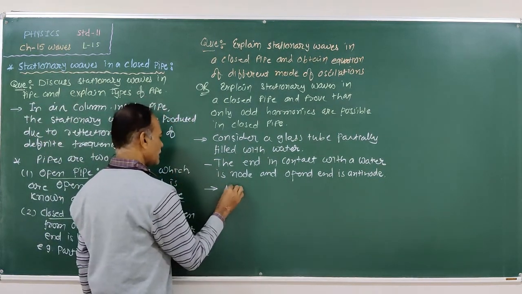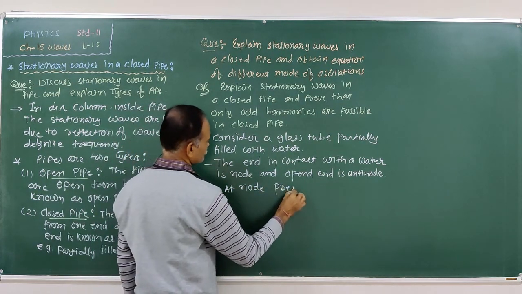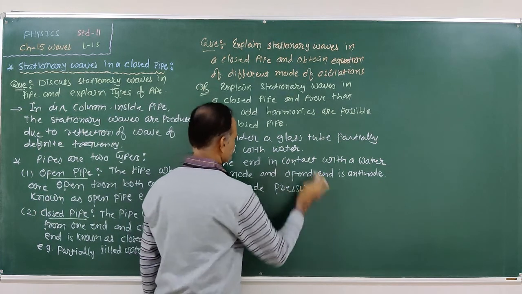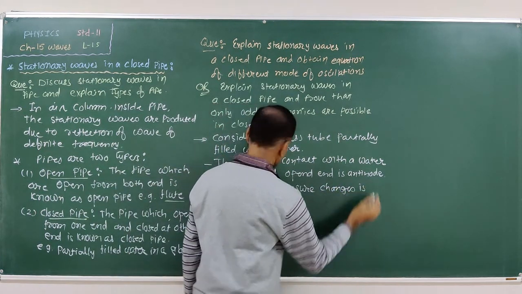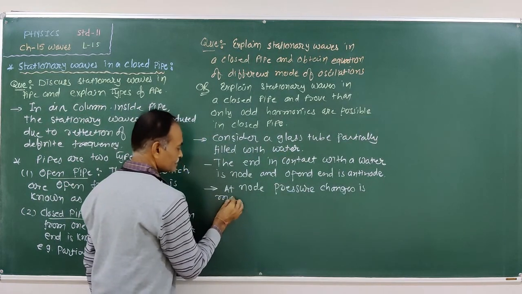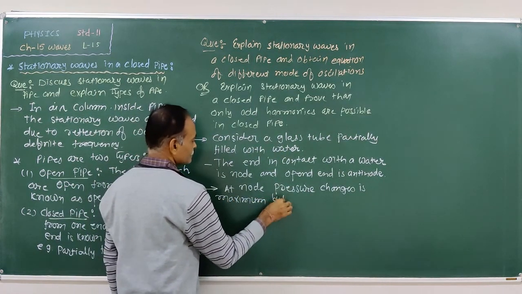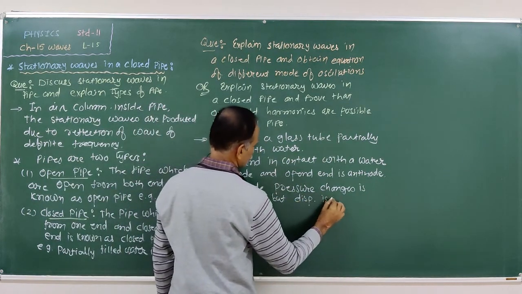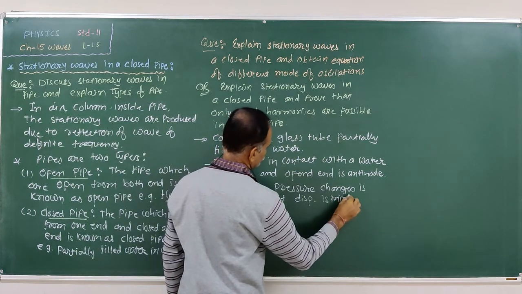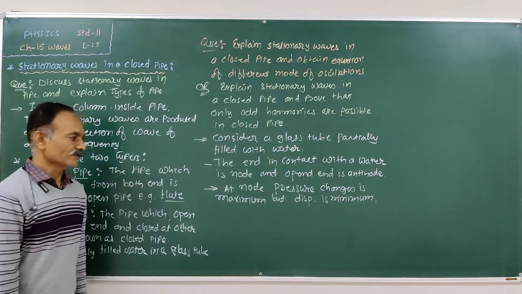Now at a node, the pressure change is maximum, but the displacement is minimum, approximately zero.